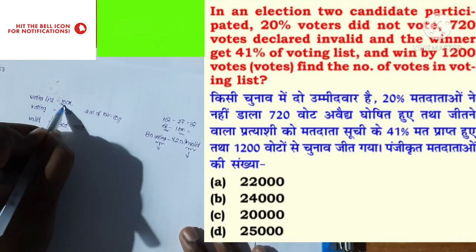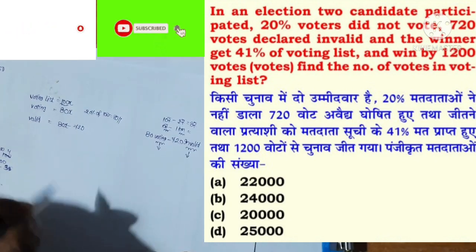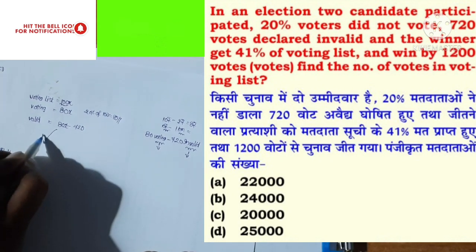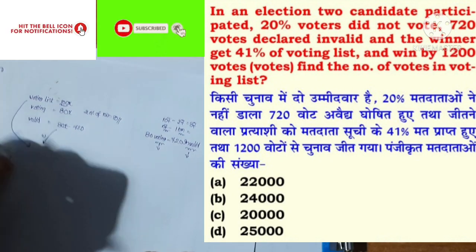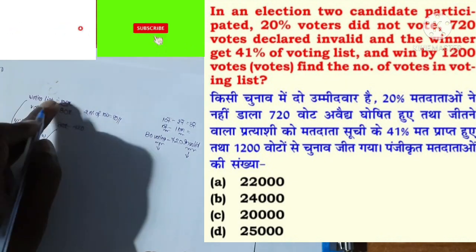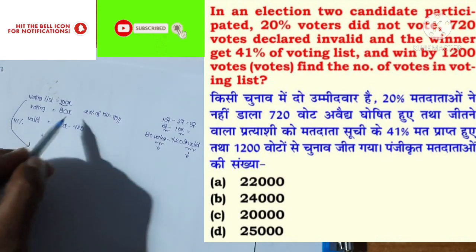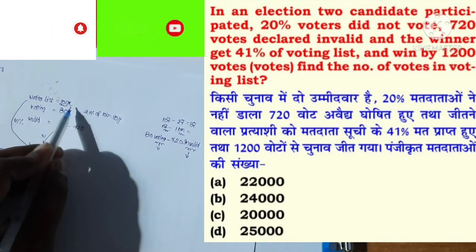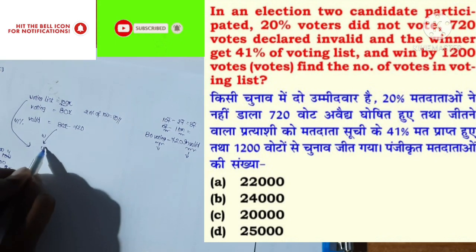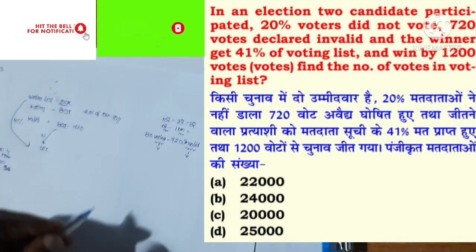Here the voting list is 100x, so 41% of 100x is equal to 41x.